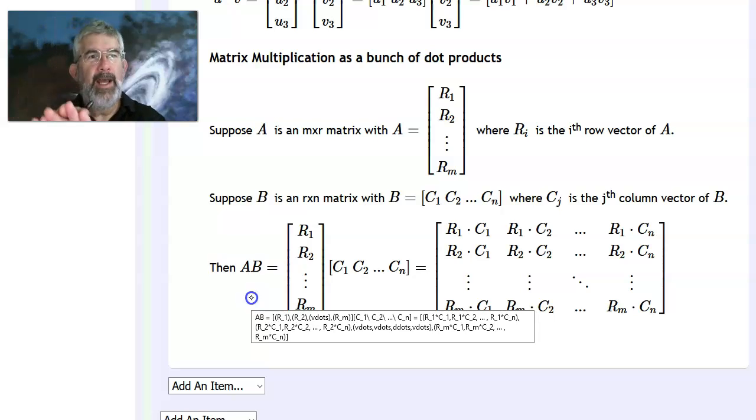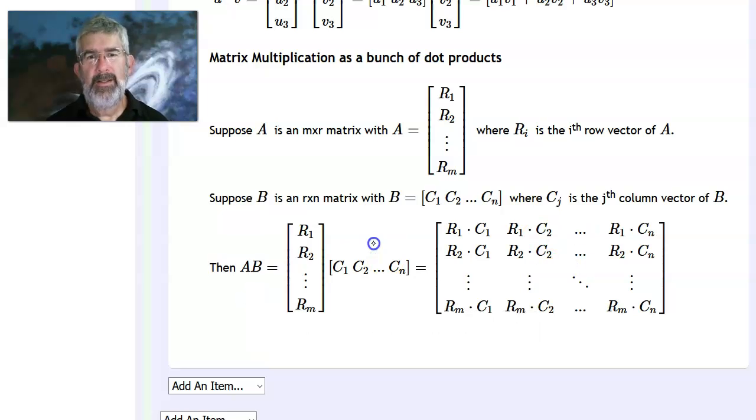Well, that multiplying and adding is exactly the dot product. So when I have all these rows times all these columns, I take the first row times the first column. It's actually a dot product. And the second row times the first column. That's what's here. All the way down to the mth row, first column. Then you move to the second column and do it with each of those. And by times, I mean dot product with each of those.